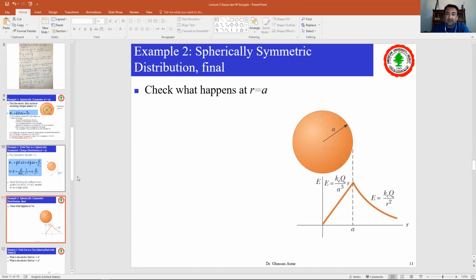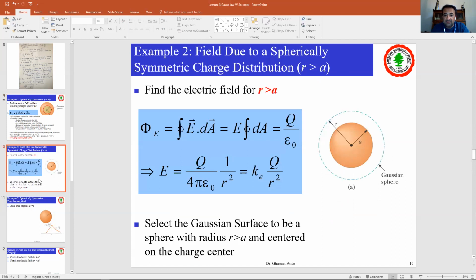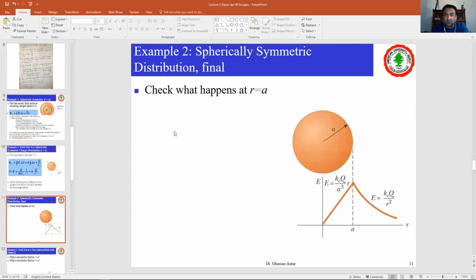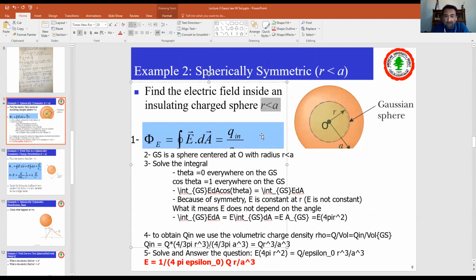One interesting problem is to check what happens at R equal to A. Outside, you do the same as I said, so we have Q over R squared with the constant k.